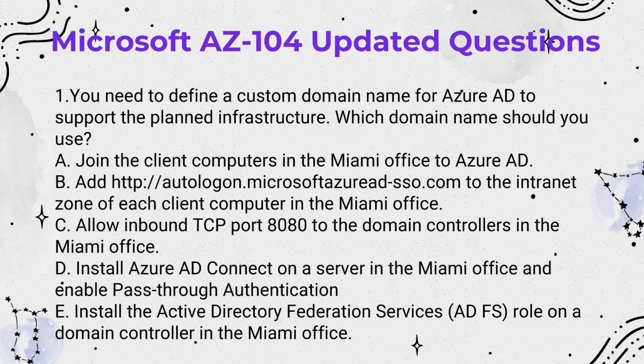C. Allow inbound TCP port 8080 to the domain controllers in the Miami office. D. Install Azure AD Connect on a server in the Miami office and enable pass-through authentication. E. Install the Active Directory Federation Services (ADFS) role on a domain controller in the Miami office.